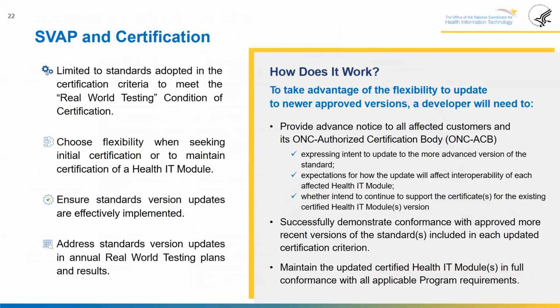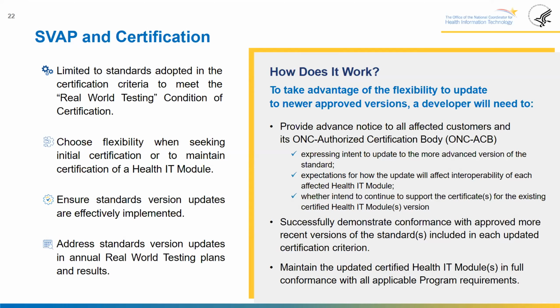So getting into SVAP and certification, how does all this work exactly? Again, as mentioned, the SVAP flexibility is limited to the standards adopted in the criteria to meet the real-world testing condition of certification requirement. So for the approved SVAP versions, developers choosing to leverage the SVAP flexibility can do so on initial certification of their health IT module or to maintain certification for their module.